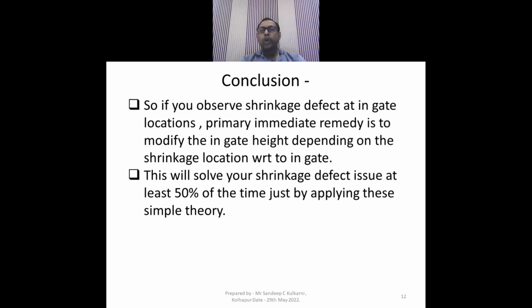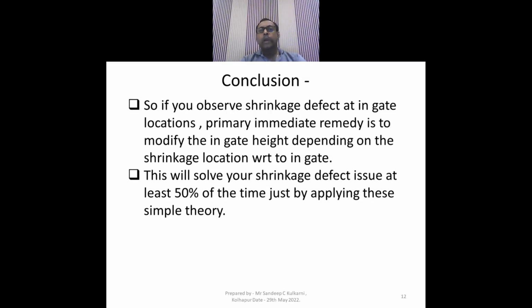So if you observe shrinkage defect at the in-gate location, the primary immediate remedy is to modify the in-gate height depending on the shrinkage location with respect to the in-gate or the neck. This will solve your shrinkage defect issue at least 50% of the time just by applying this simple theory.